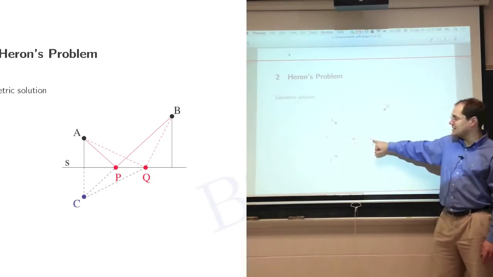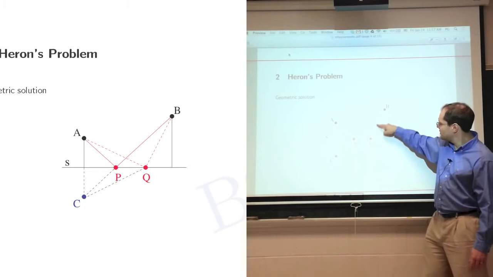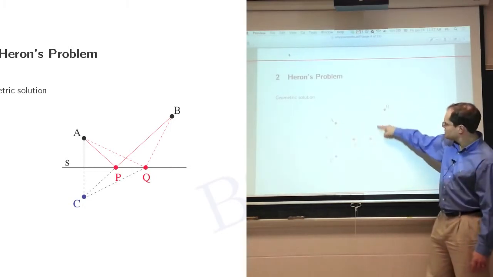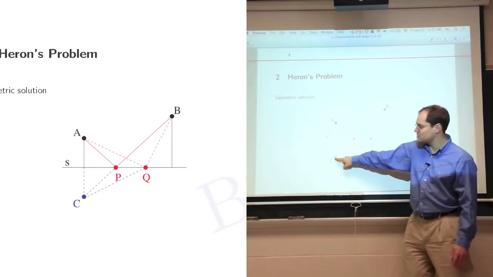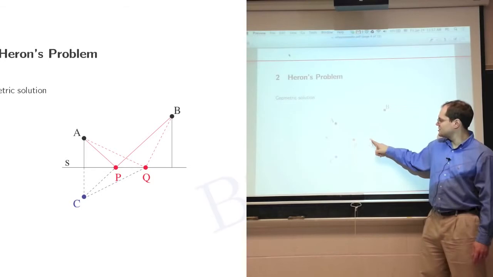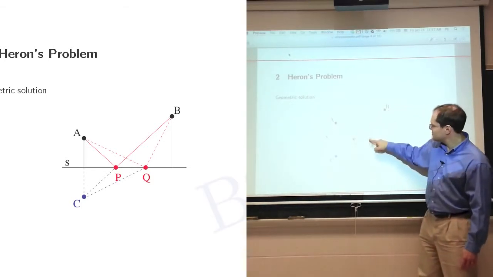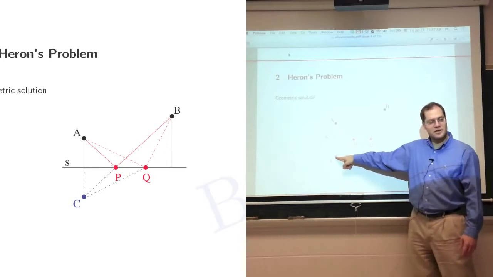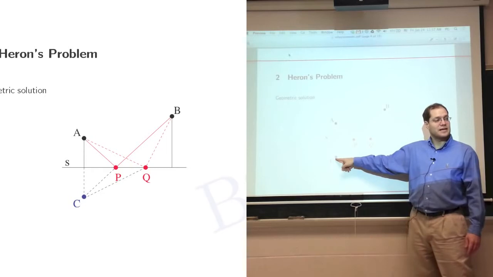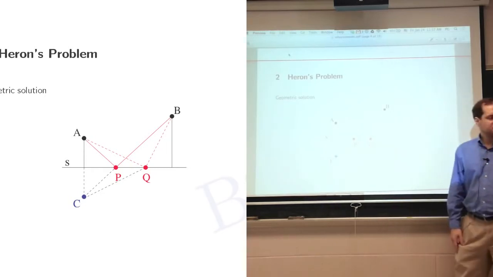So if you take any other point Q and look at the length of the path, it will be the same length as going to the point Q and then to the imaginary point C, because the point C is just as far away from Q as the village A is. And of course this path, being two sides of a triangle, is longer than BC. So any other path, by the triangle inequality, is longer.